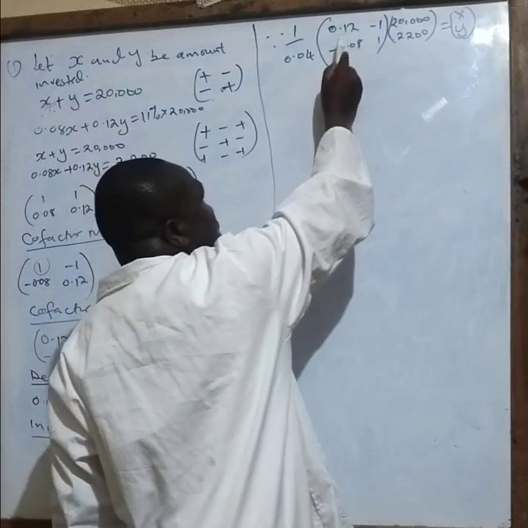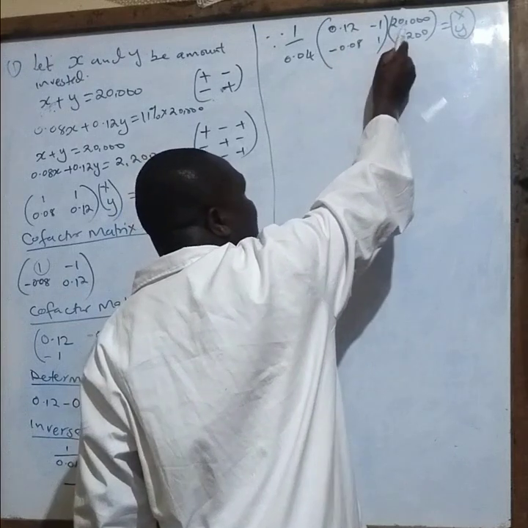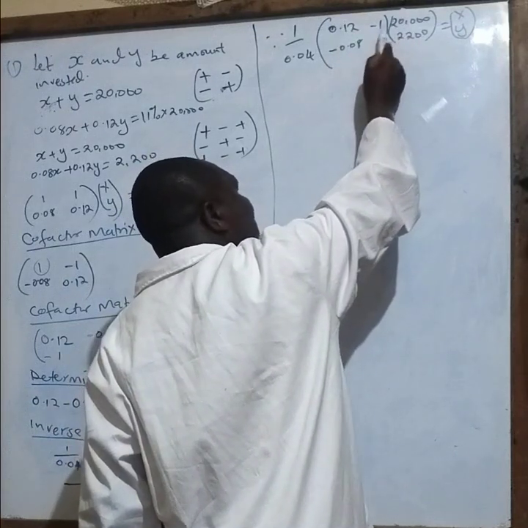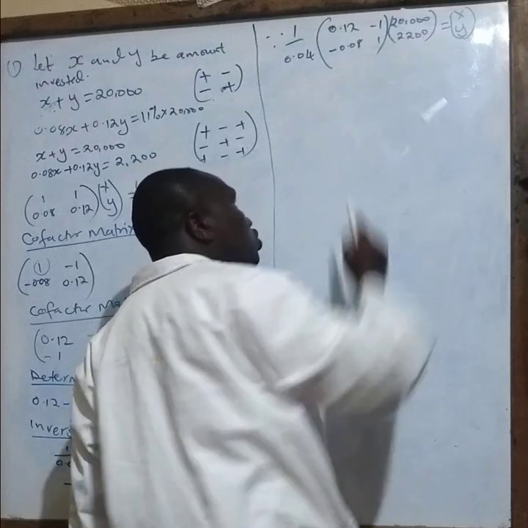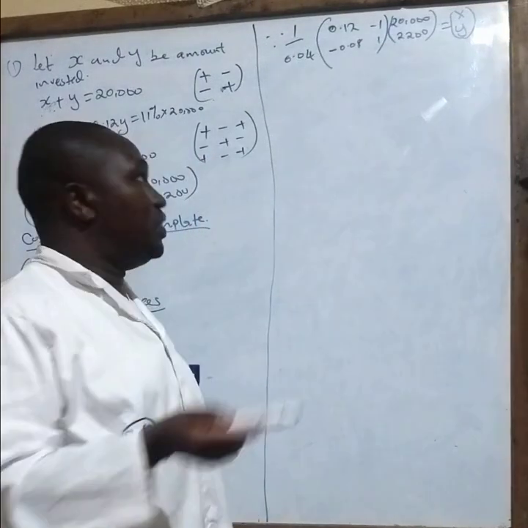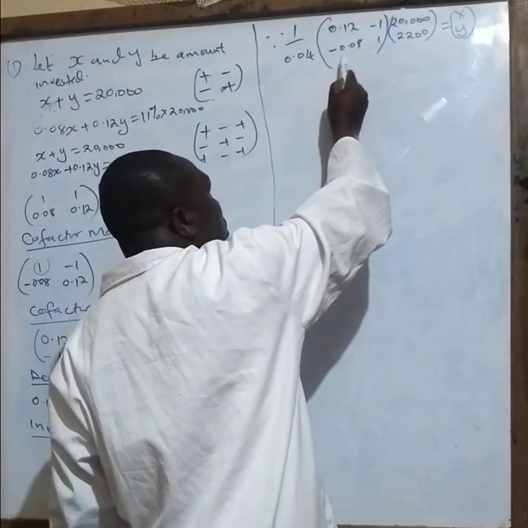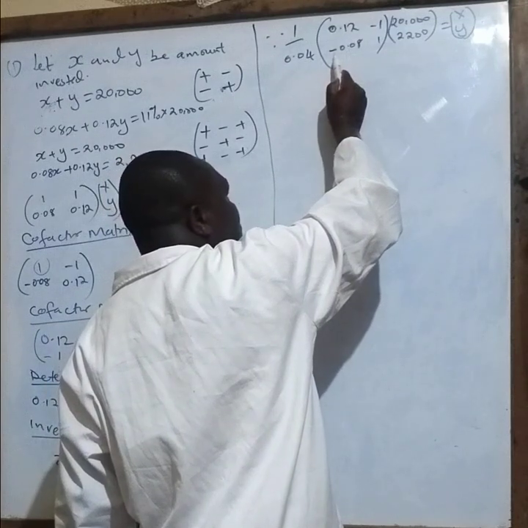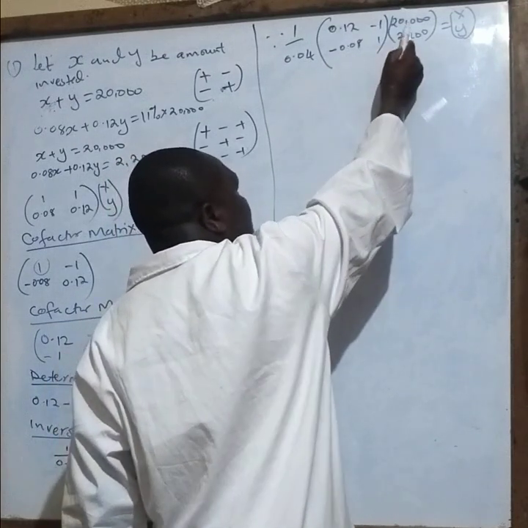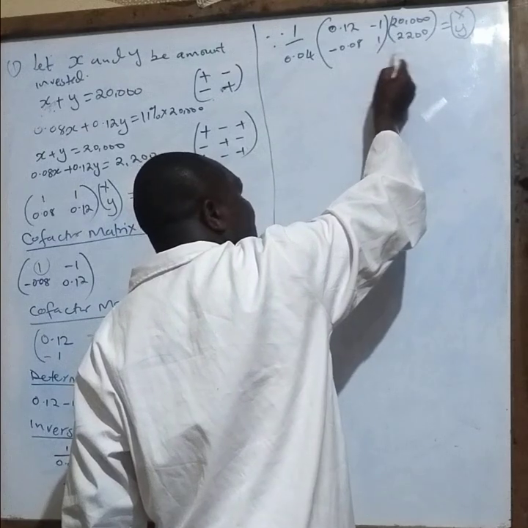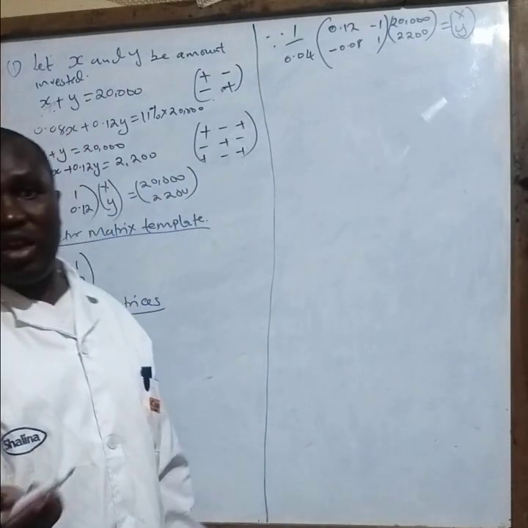Therefore, it will be 0.12 times 20,000 plus negative 0.1 times 2200. The second one will be negative 0.08 times 20,000 plus 1 times 2200. Then you get your answer.